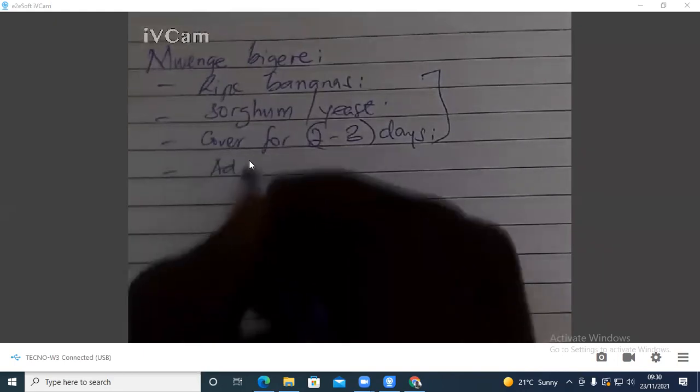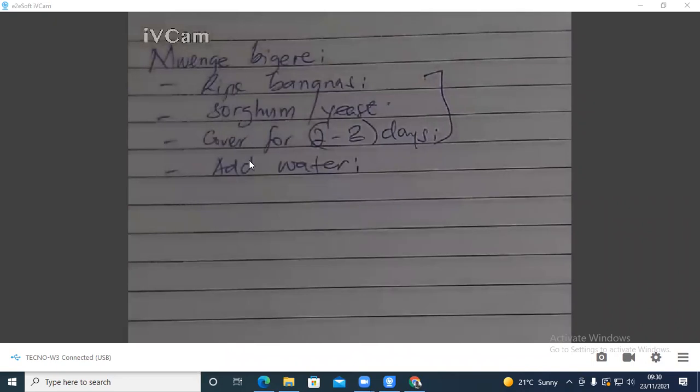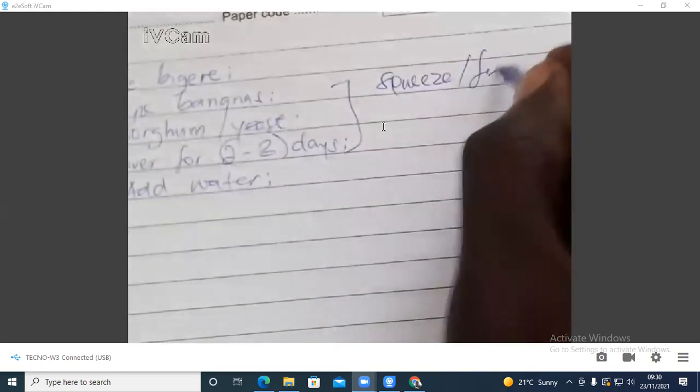We are missing water. We also add water. So please give us the general procedure. How do you make it? You start by squeezing the ripe bananas with your feet. Very good.